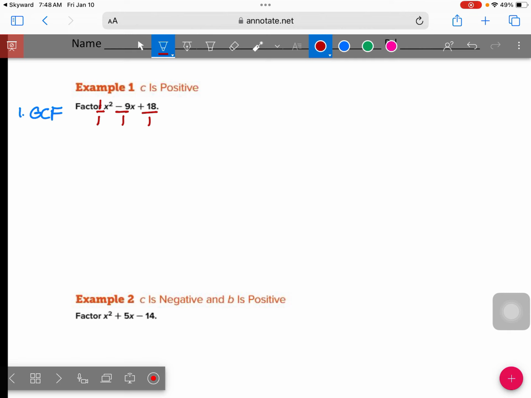For my x squared, I have an x squared, an x, and no x. So that means my greatest common factor here is 1. Is that really something I can factor out? No. So if your GCF is just 1, then you go to the next step. Okay? Because there's really nothing that you are factoring out.